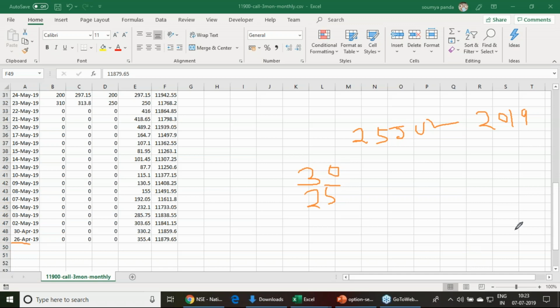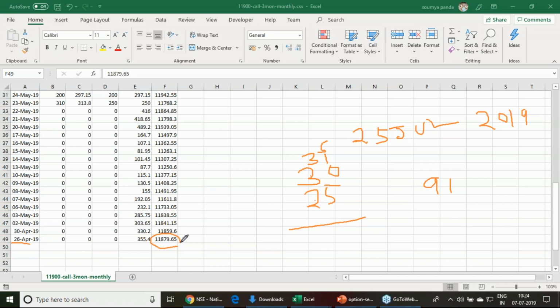May you have 31 days, and you are going on 26th April, 27th, 28th, 29th, and 30th April. 5 days are here. So this contract is having a life of 91 days till expiry.